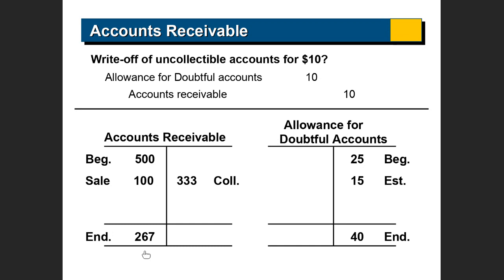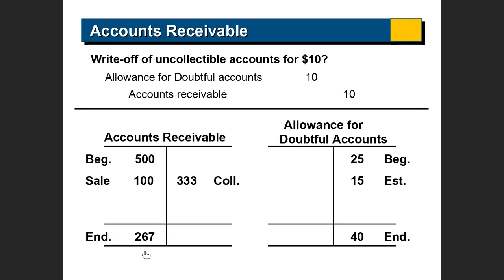You do not reduce your accounts receivable directly. You reduce it with an allowance account that maybe I'm not going to collect. But here we are sure that $10 of this doubtful is never going to be collected.